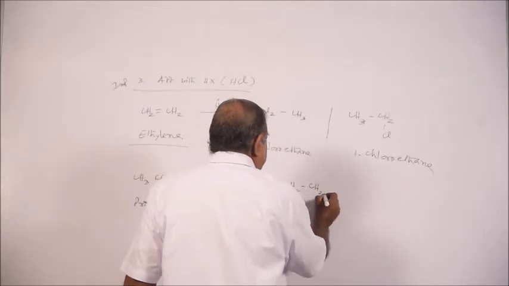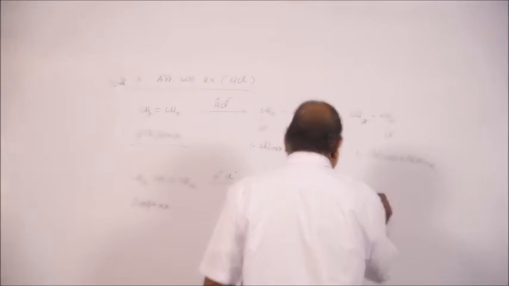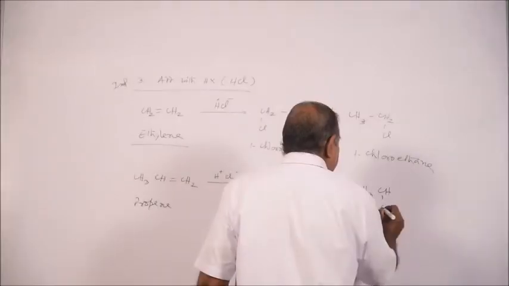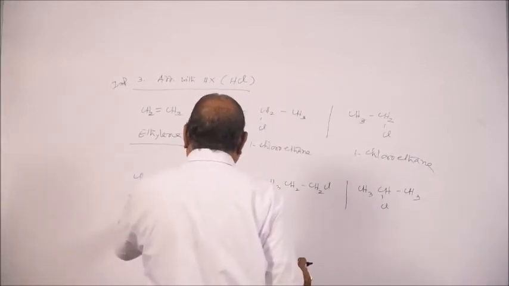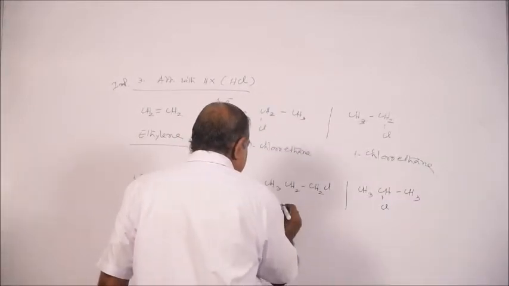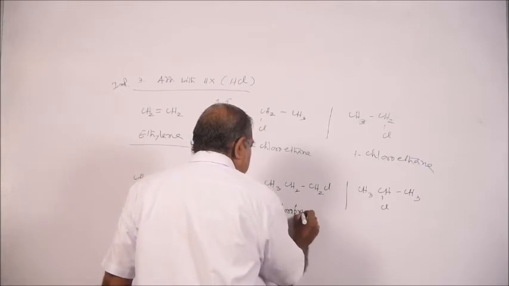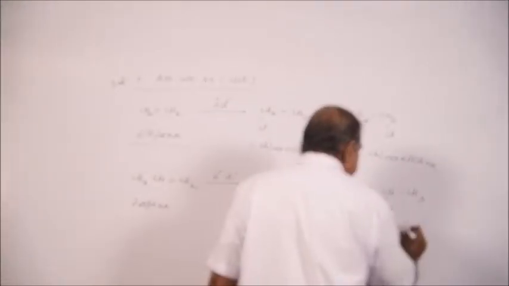Either you can get this compound or that, meaning chlorine can attach to the first carbon atom or to the second carbon atom. This is 1-chloropropane, this is 2-chloropropane.